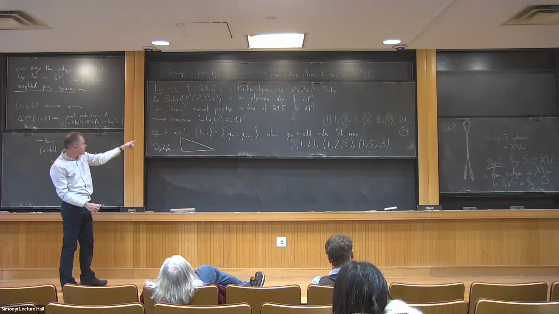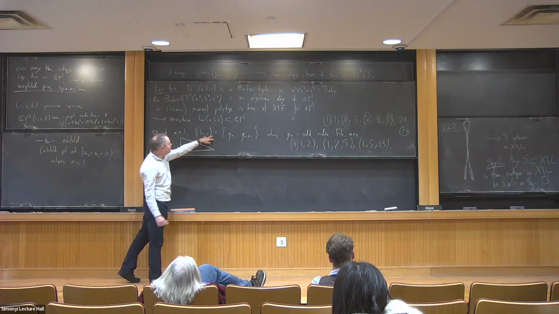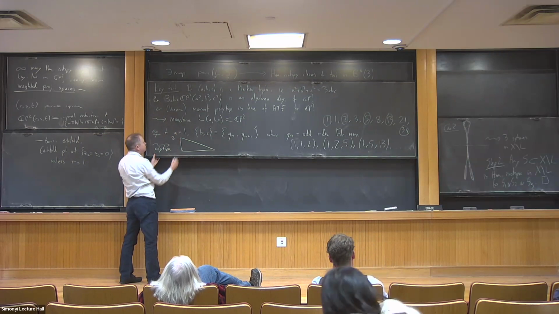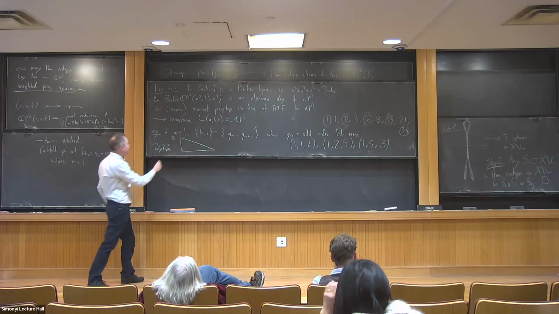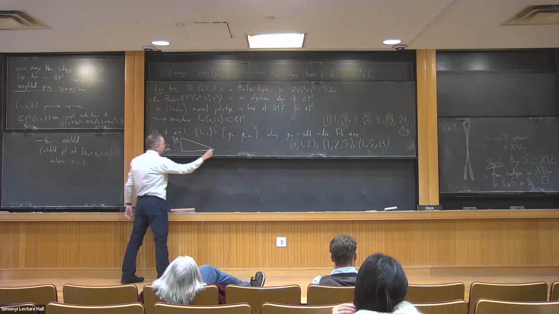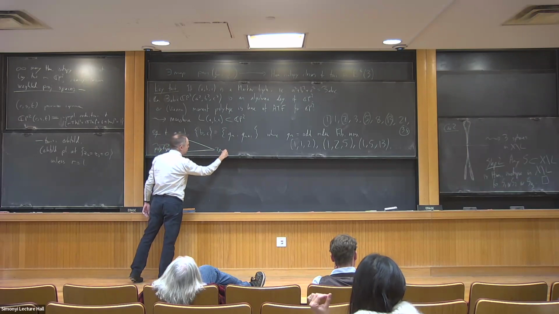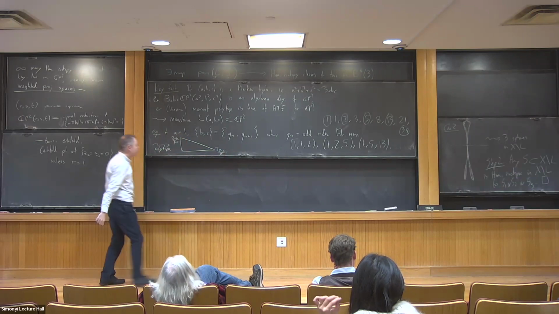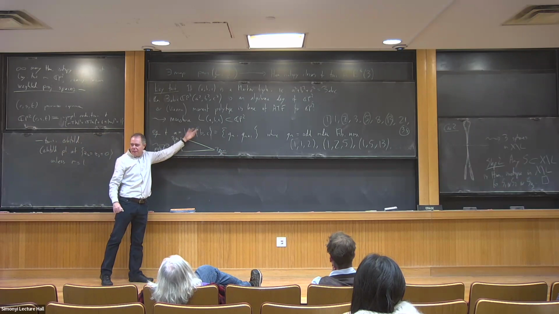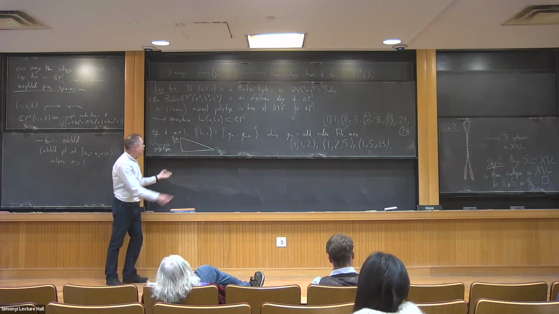Then it's just a question of what the side lengths are. These are related to the squares of the 2 numbers. With my rescaling, this turns out to be G_n divided by G_{n+1}, and this one is 3G_{n+1}. So that's the moment polytope for these particular Markov triples.